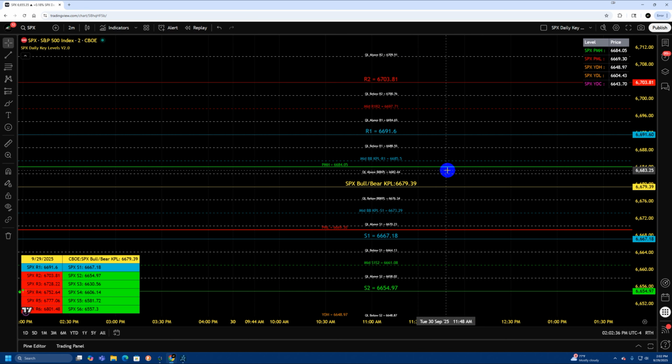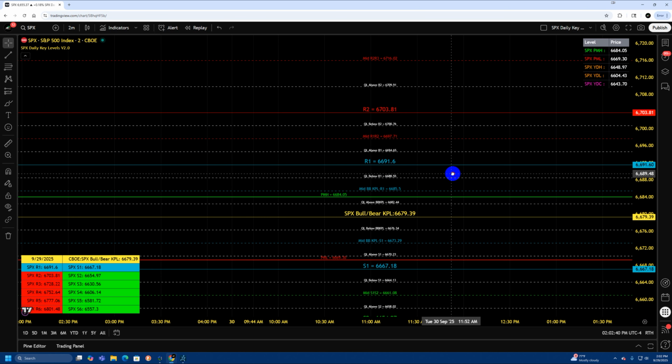If you're taking a bearish trade and want to use a standard stop loss level, then your standard stop loss level is the first midpoint above the level that you're taking the bearish trade from. Bearish trade from R1, standard stop loss is mid R1, R2.